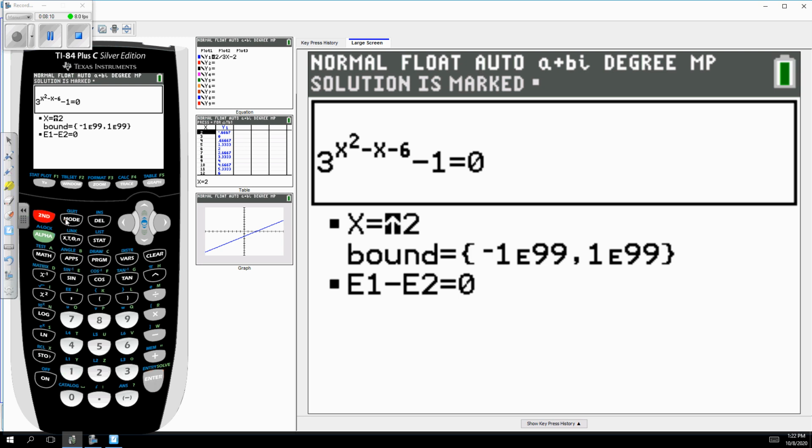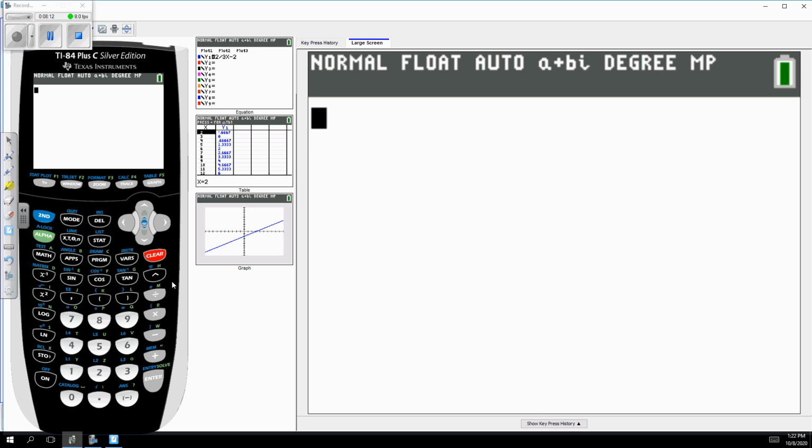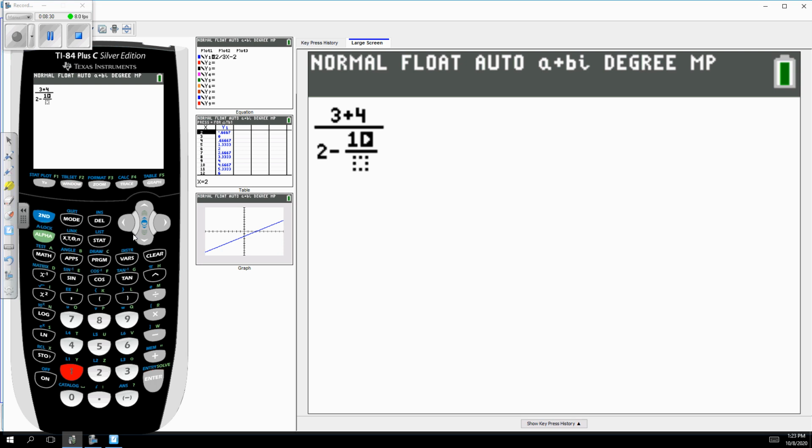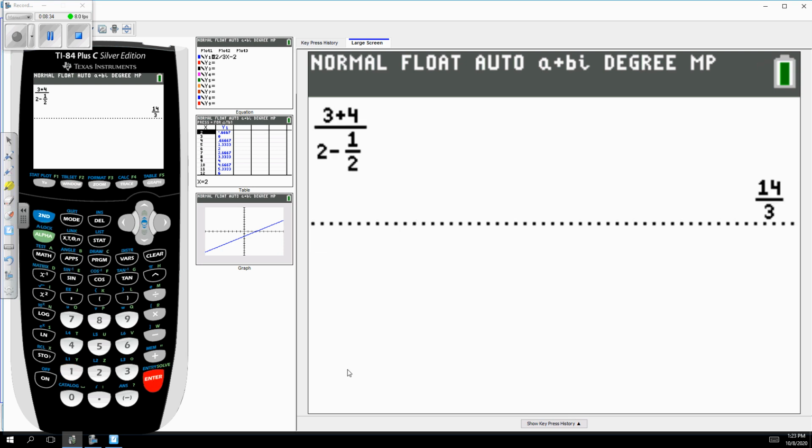Last is Mathifrac, and that's whenever you have alpha y equals, you can enter something straight as a fraction. So what's 3 plus 4 over 2 minus, hey, another fraction, 1/2. And it'll just evaluate it for you straight out.